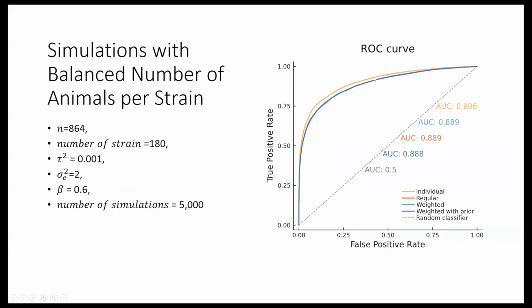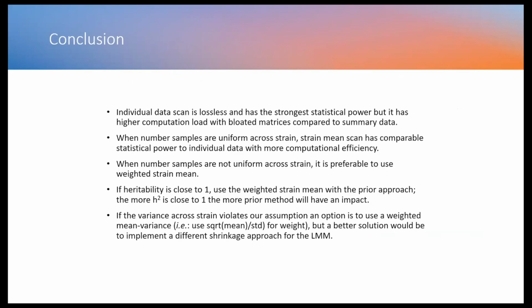And as expected, all of them are almost the same. So there is not really a difference. And this is also because we assume that the variance is the same between all the strains.